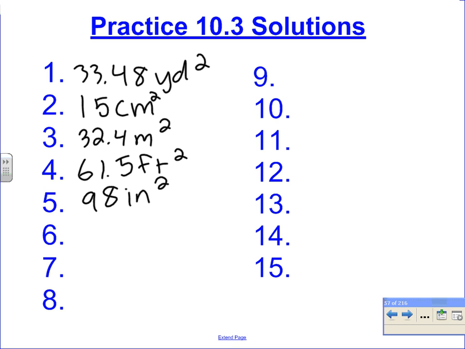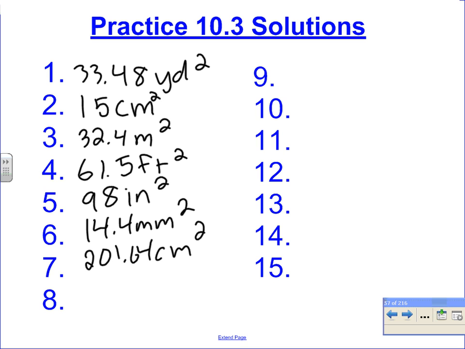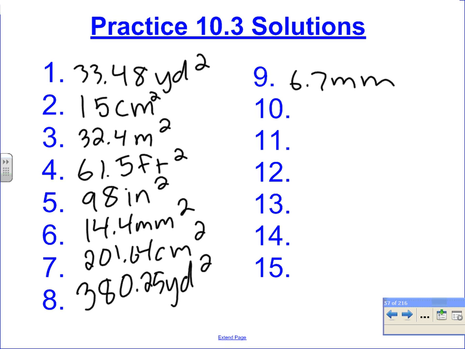Ben, number 6. Good. 7, Skylar. Good. Josh, number 8. Good. Number 9, Michelle. Good. 6.7 millimeters. Alexis, number 10. Good. Peyton, number 11. Good. Number 12, Evan.